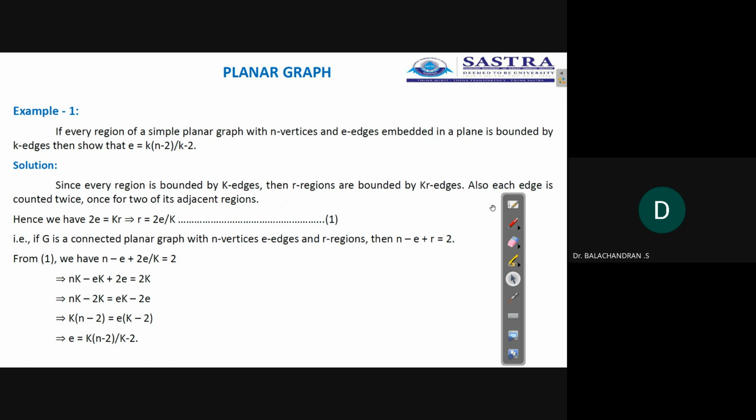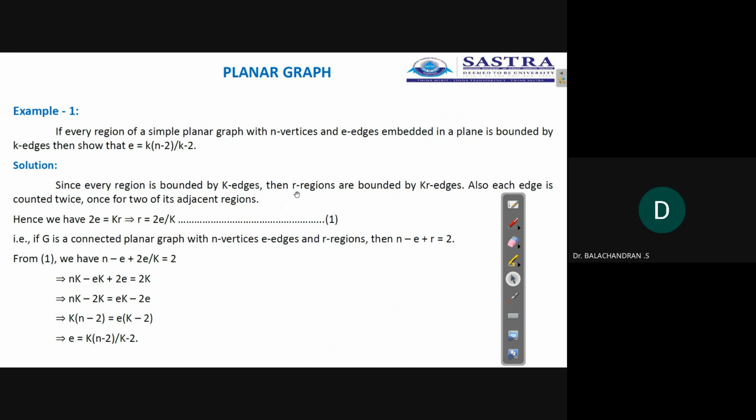Before going to the proof, you should first understand the question. G is a planar graph with n vertices and e edges. Every region of this planar graph embedded in a plane is bounded by k edges.